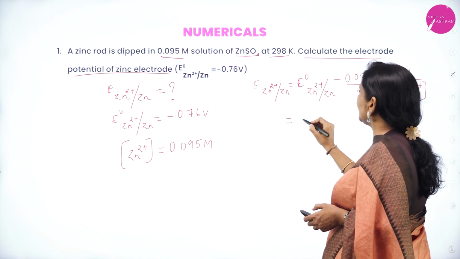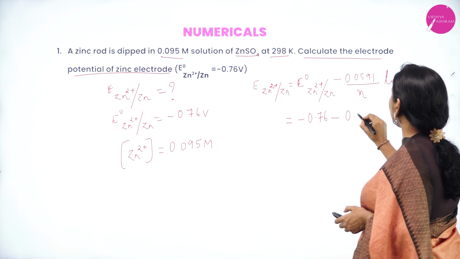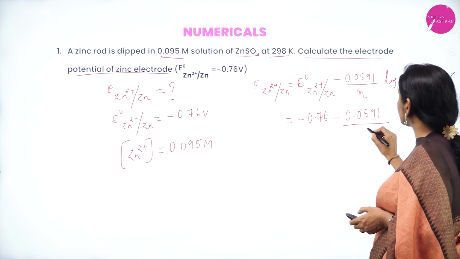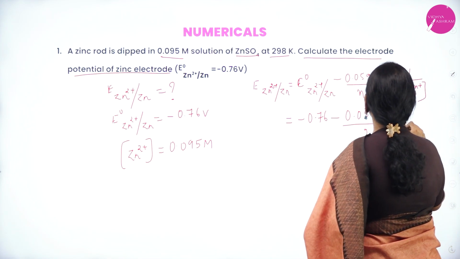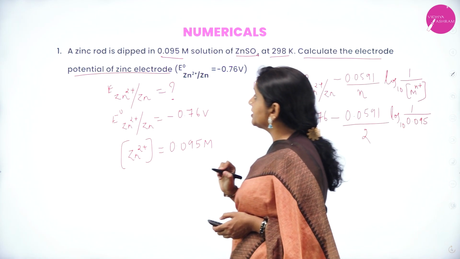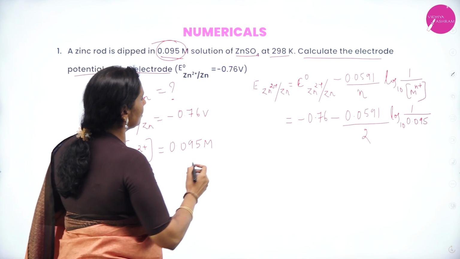Here the E naught value is minus 0.76, as well as n. How many moles of electrons are lost during this reaction? 2. Log to the base 10 of 1 by 0.095, because the molar concentration of zinc ion is 0.095.